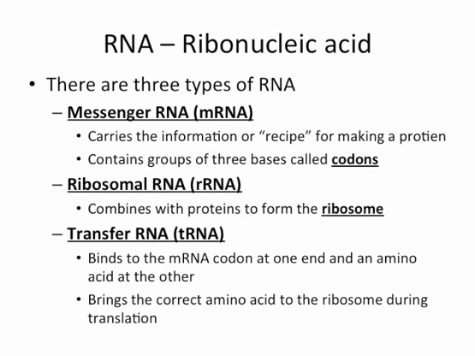So by pairing up transfer RNA and mRNA, you're going to bring in the appropriate amino acid. And we'll go into this in a lot more detail when we get to the translation step. So tRNA, rRNA, and mRNA will all interact together to make a protein, ultimately. So they're all going to be very important.